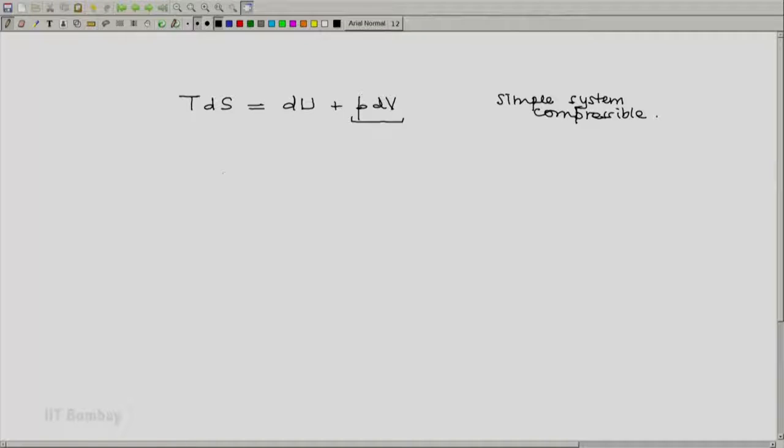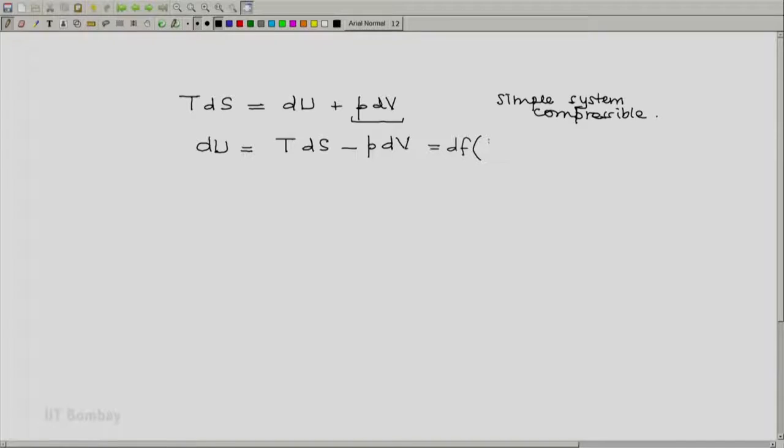Now let us turn this around, transpose dU to one side, and we will get dU equals TdS minus PdV. Now notice dU being the differential of a property is an exact differential, and that means on the right hand side also we must have an exact differential. So the right hand side must be the differential of two variables. There are 4 here, but we can select say 2.